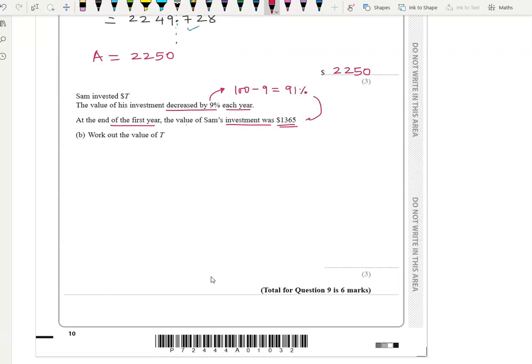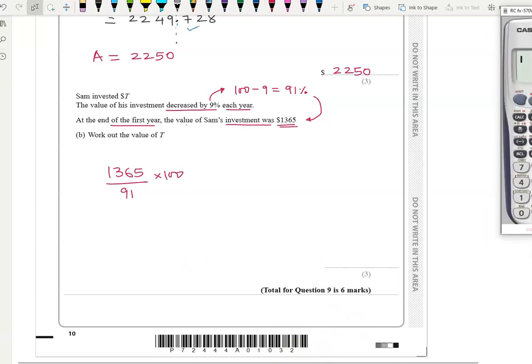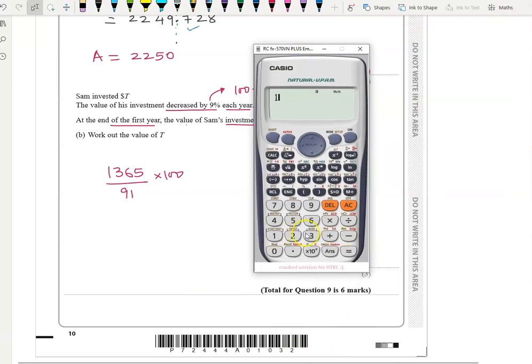And this amount 1365 is 91%. So 1365 is 91%, so you divide by 91. To get your original, you multiply by 100. You'll get your answer. So it is 1365 divided by 91 times 100.